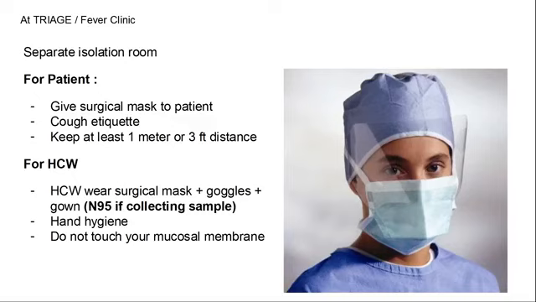Usually you don't need to wear N95 unless you're collecting a sample, and that's very important. If you're only seeing a patient but not collecting a sample, then you don't need to wear N95. Besides that, you need to follow hand hygiene, and you don't want to touch your mucosal membranes with your hands. Your mucosal membranes are the nose, mouth, and even eyes.